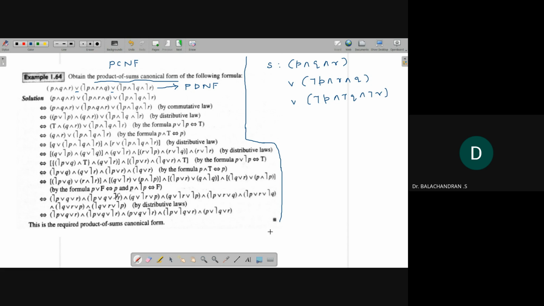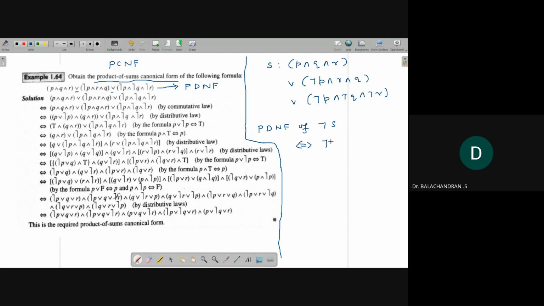Now you need to find the PDNF of negation S. What is the PDNF of negation S? Remaining five elements. Tell me what the remaining five elements are.